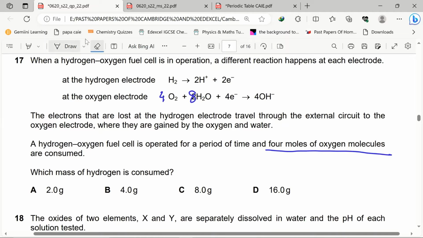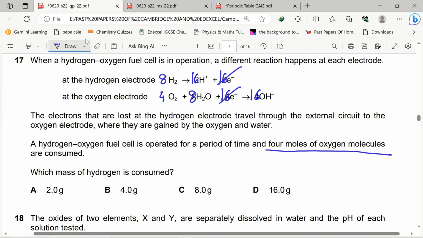So it should be 16, because to consume 1 mole of oxygen, you need 4 moles of electrons. So 4 times 4 is 16. In order to balance the equation, we need to multiply everything by 8. So this one will be 16, and 16 electrons cancel out.